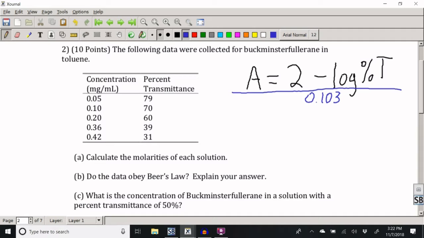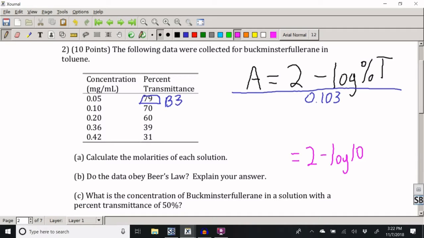If this particular value was in cell B3, for example, you could say in C3 or D3, you could type the function equals 2 minus log 10.